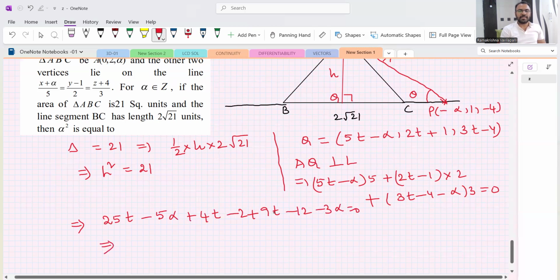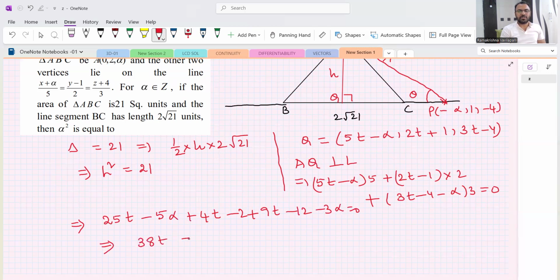All right, this is 13 plus 25, 38t is equal to 8 alpha, sending that side, and this is plus 14. So we got that t is equal to (4 alpha plus 7) by 19. Or no? Okay.